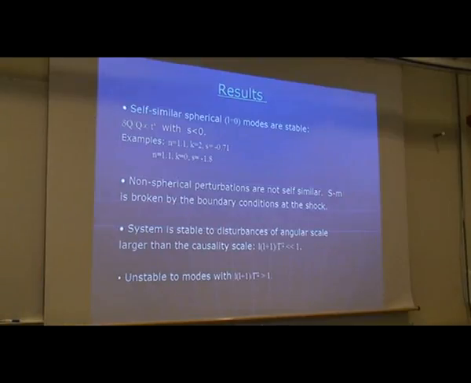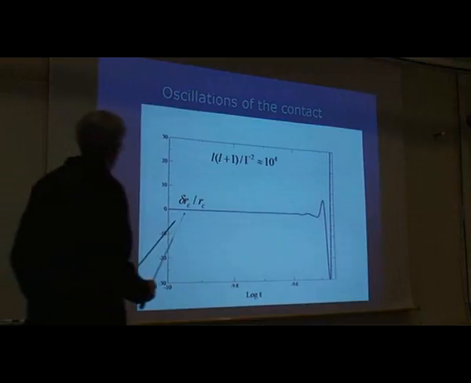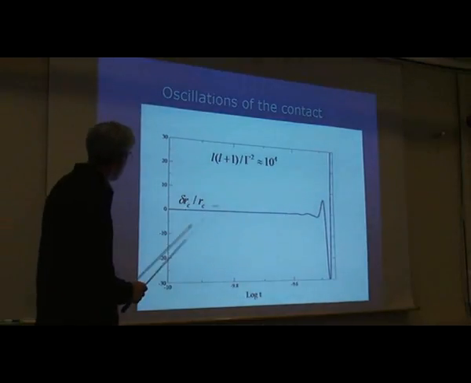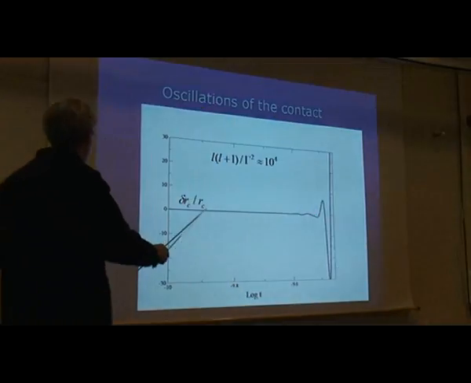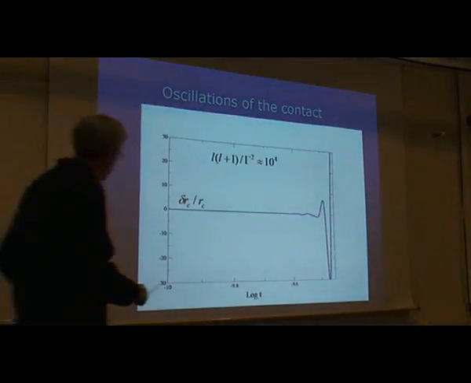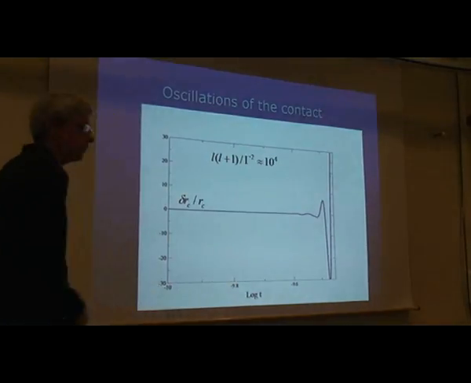Just to see how it looks, here, for example, is the distortion of the contact surface. What I plot here is delta R over R of the contact. R is the radius of the contact, and delta R is the perturbation. This is log of time from some t0.